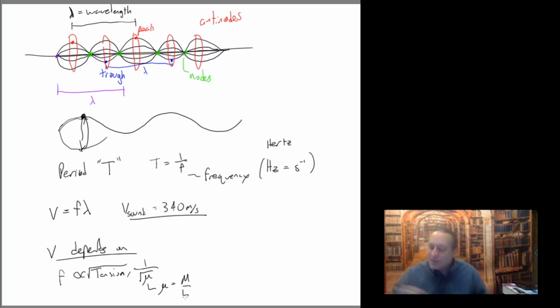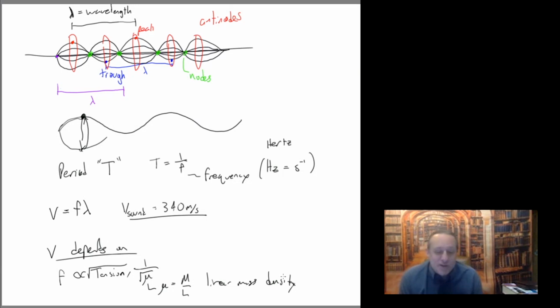That's called the linear mass density. If you want the string to have a low pitch, you want a high mass density, meaning you want the string to be fat. If you look at the strings on a bass, they're really fat. If you look at the strings on a violin, they're skinny.